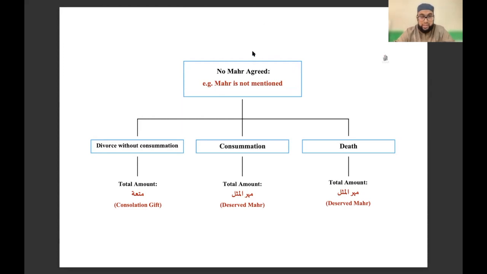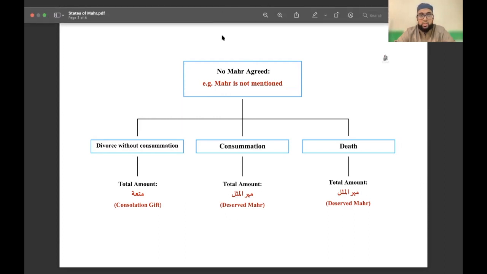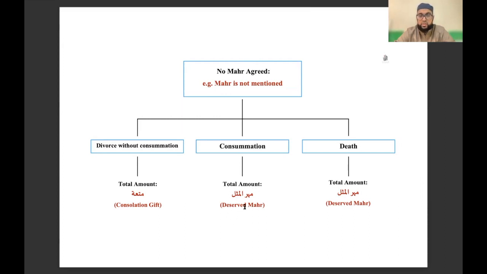So if that happens, because there's no original amount, when consummation takes place, he has to give mahrul mithil. Now, obviously, Abdul Wahid, our student, translated it as a deserved mahr, which is a perfectly fine translation, but it means the mahr which a woman like her would usually receive.